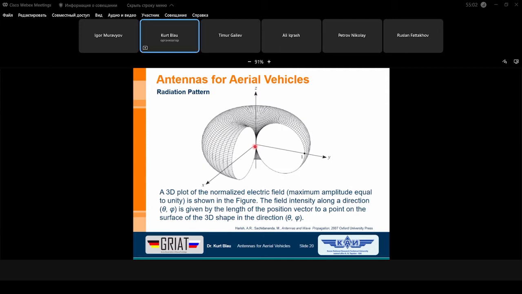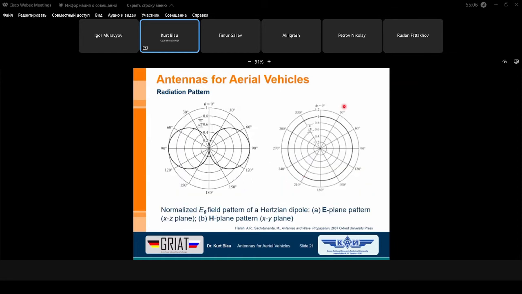And if we make a cut in this plane, then we can see this behavior. This diagram means if we fly around the antenna, around the dipole, it's directed from our eyes through the slide. And then we can see here that we have a constant radiation distribution around our dipole.